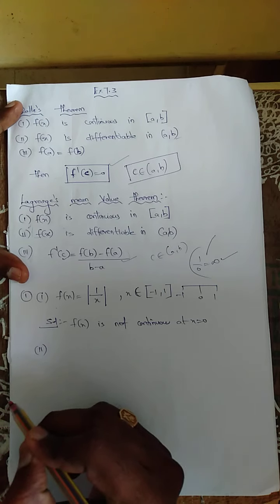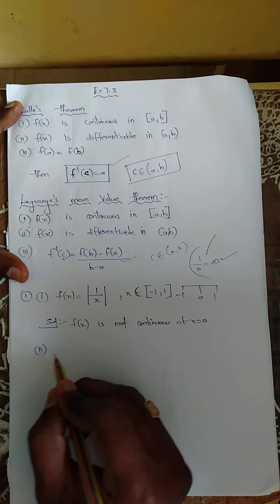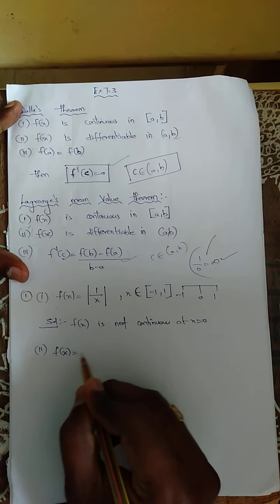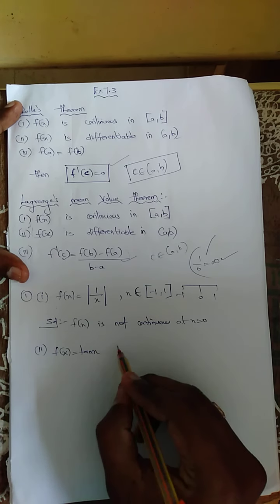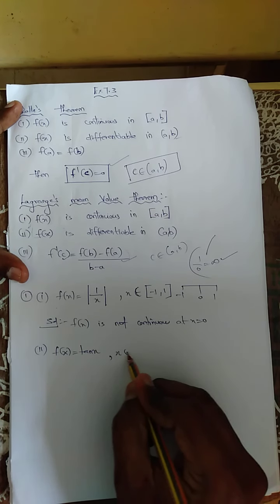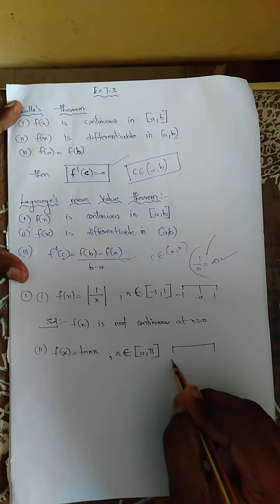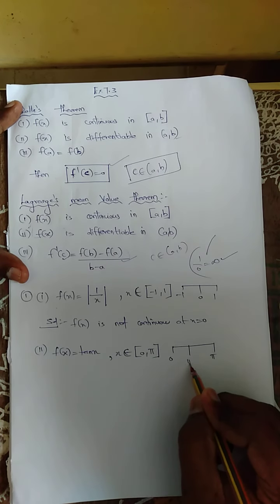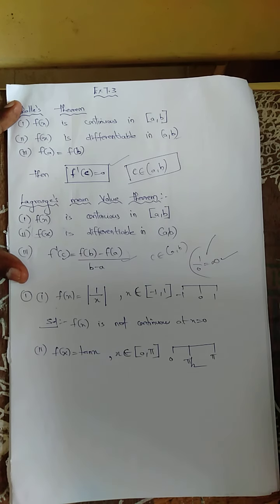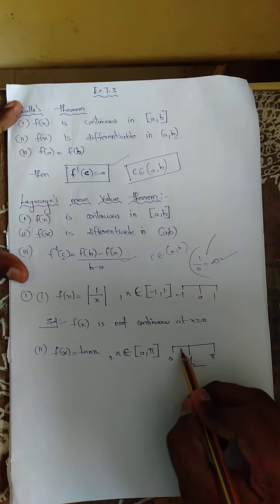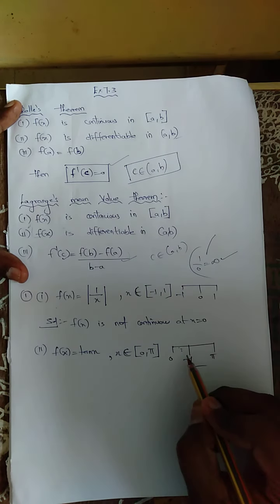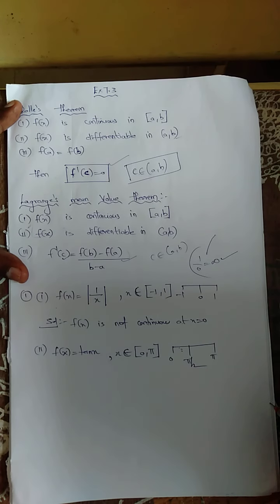Second subdivision. What is the second subdivision? f(x) is equal to tan x. They have given x belongs to (0, pi). In (0, pi) we can take many values, pi by 3, pi by 6, pi by 4, any values, but there is one value called pi by 2.